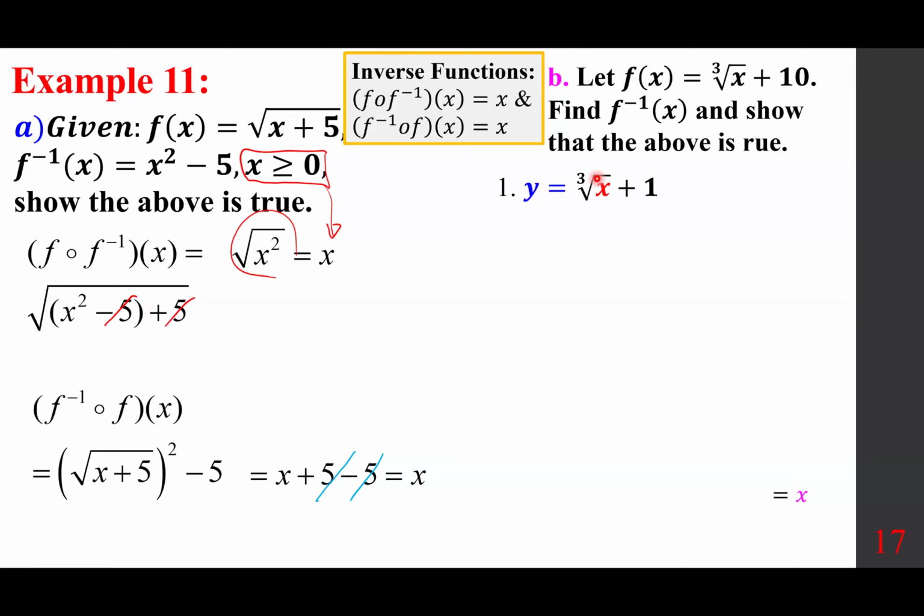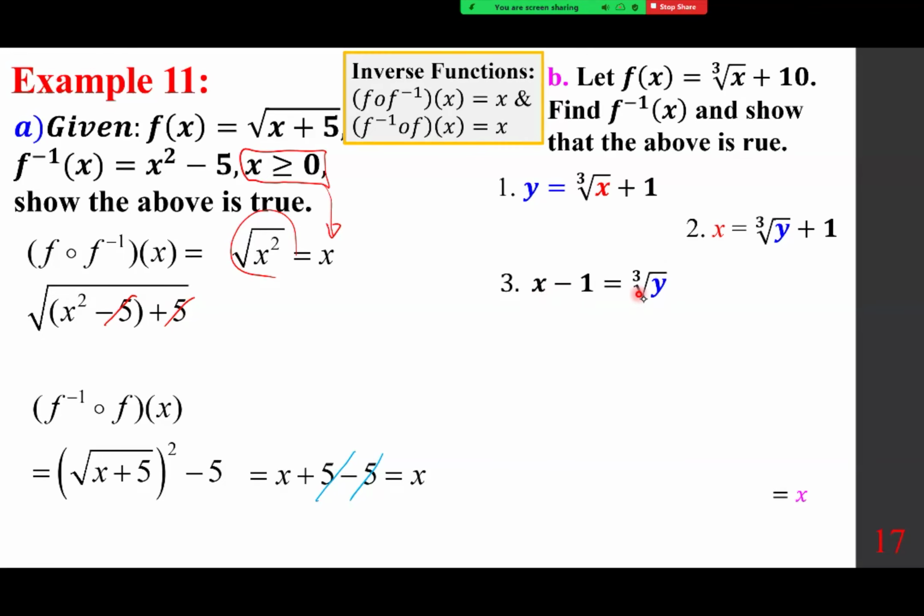Number 2, we interchange x and y. And right here, we have the inverse. However, we solve for y. We're going to move the 1 and we're going to raise both sides to the 3rd power.